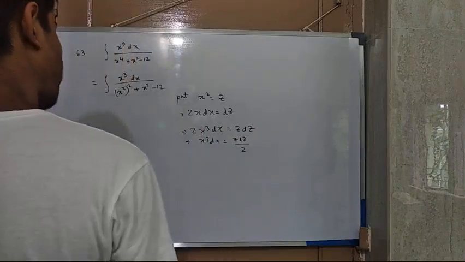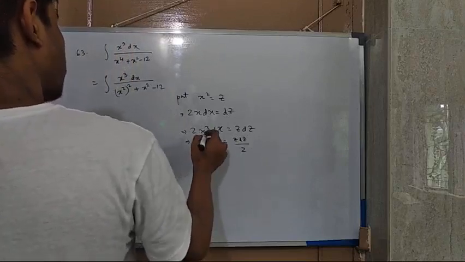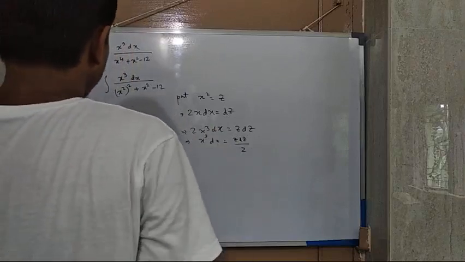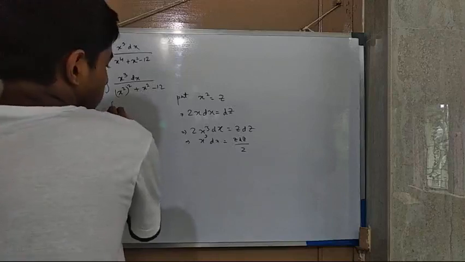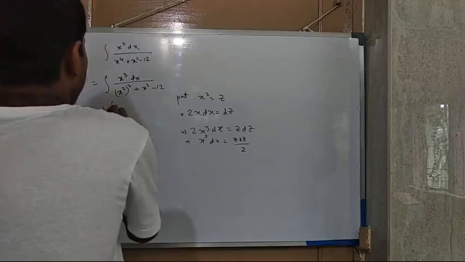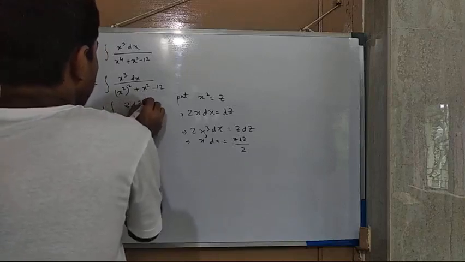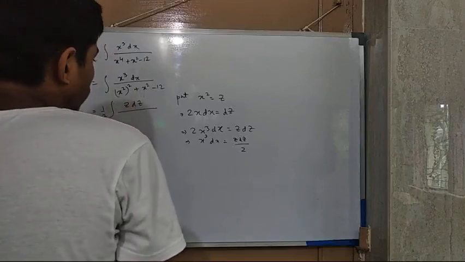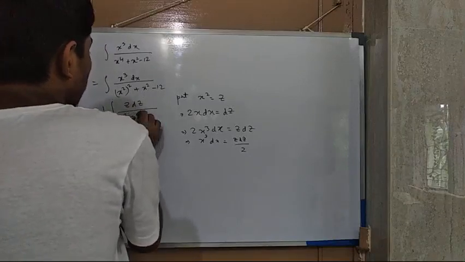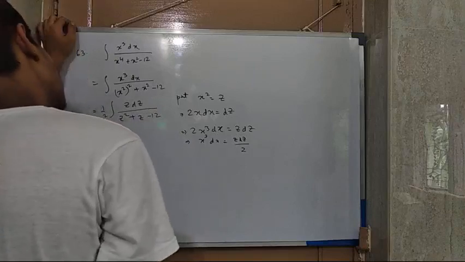So this is actually half the integral of z dz divided by z squared plus z minus 12.